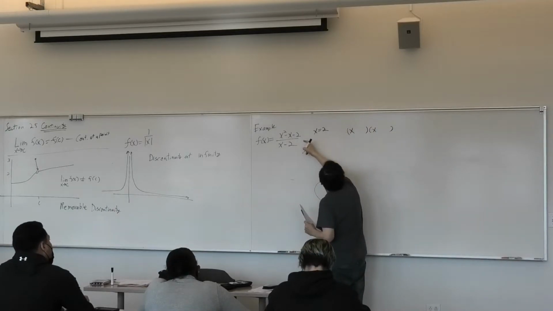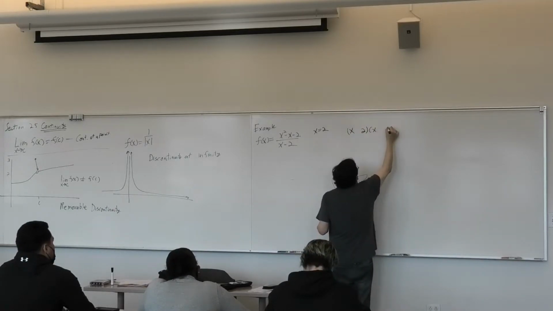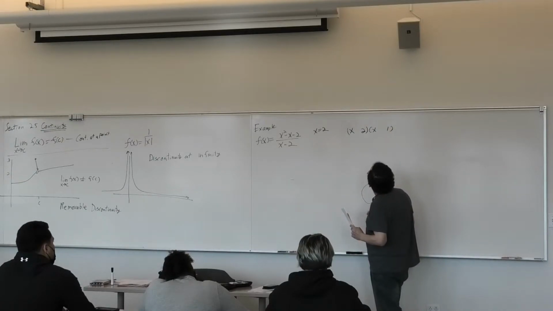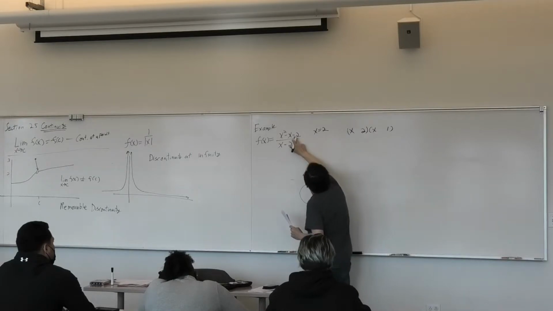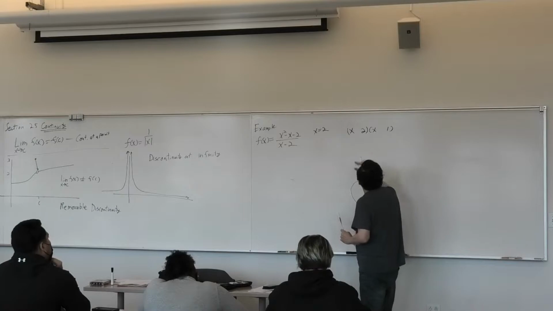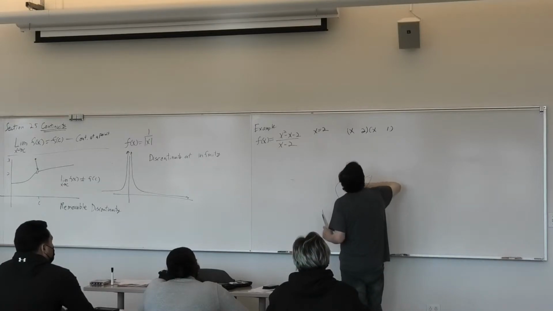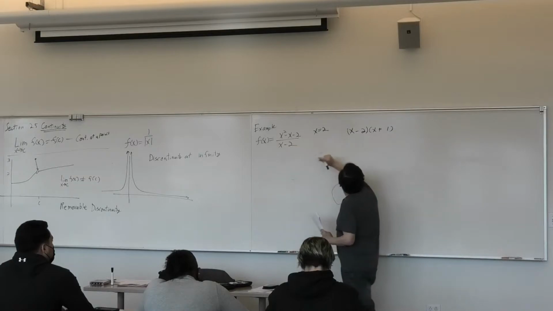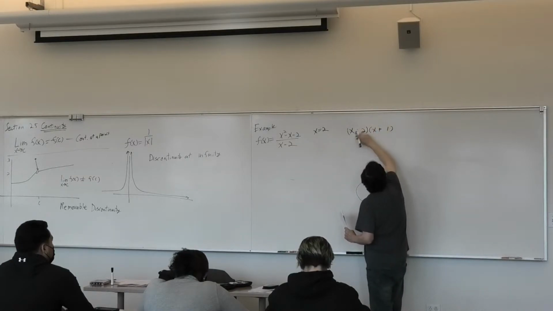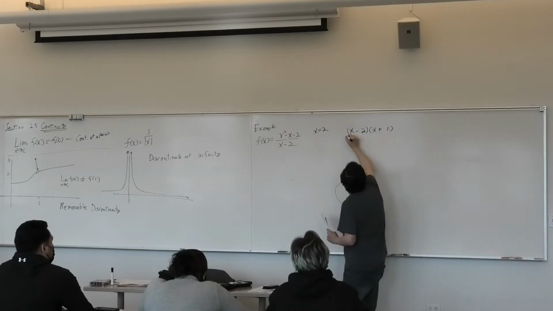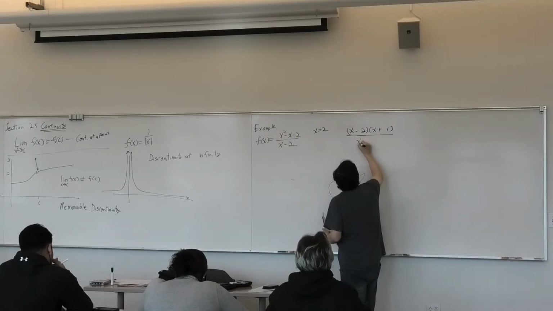It looks like 2 and 1. Now we just have to figure out, we know there's going to be a plus and a minus because there's a minus here. We just have to look and say, where does the plus go, where does the minus go? If I do it like this, the FOIL tells me minus 2 plus 1 is minus 1. So this is my function.